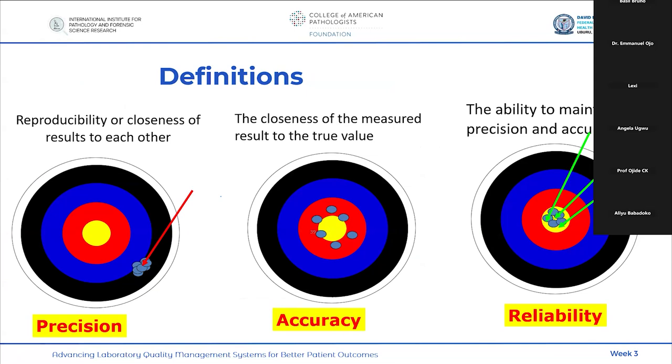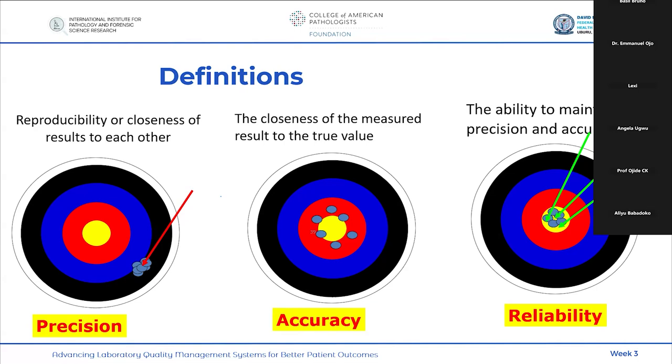These are definitions of some of the terms that have been used. Precision, we talk about reproducibility. Each time you run this, you want to see how precise. We say that you should not get the same result repeatedly, but we're not talking about, let me use the same hemoglobin example I shared before, that you run the first one 12.3, and then you run the next one, you're getting like 10.3.